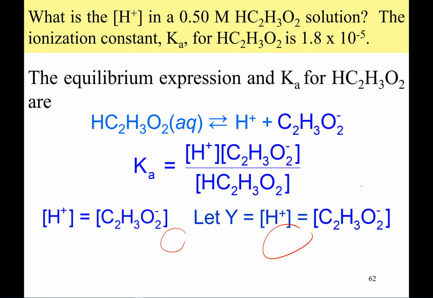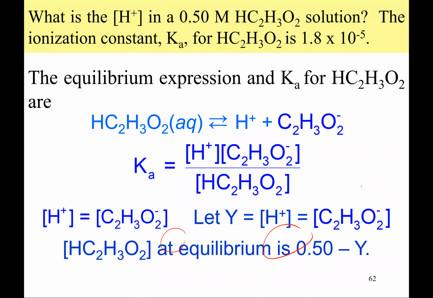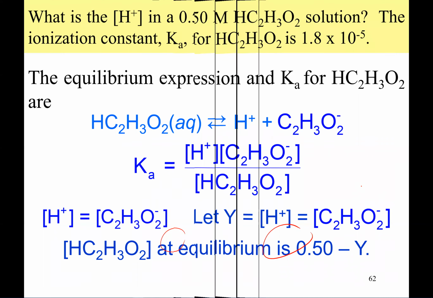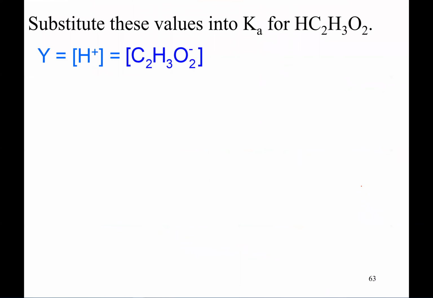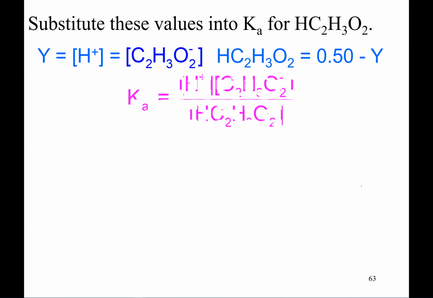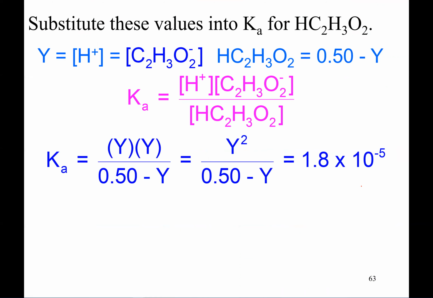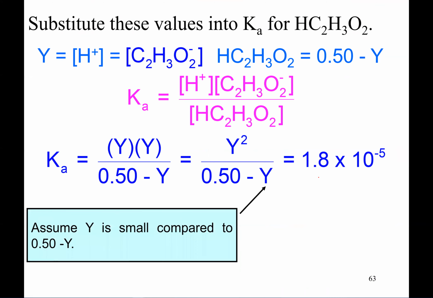So you have Y there. So at equilibrium, you have 0.5 minus Y, and then you can plug the values in there for each value. And so you essentially have Y squared over 0.5 minus Y there. That equals 1.8 times 10 to the minus 5.